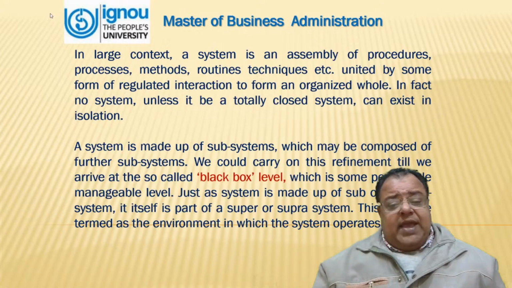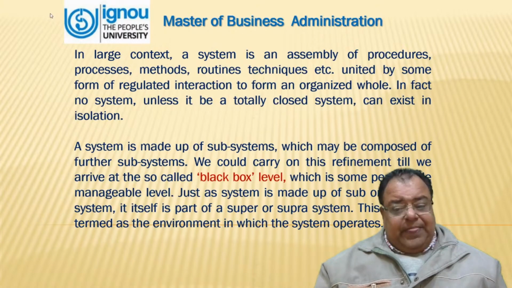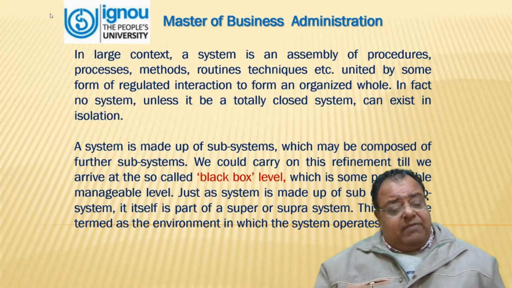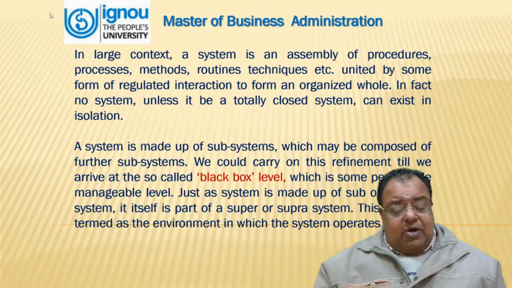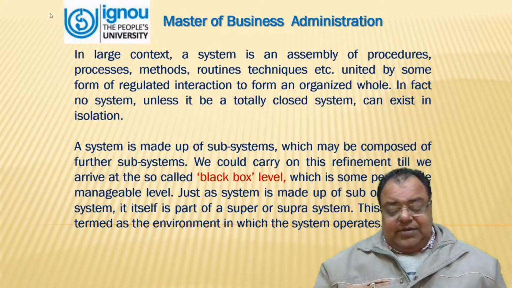We could carry on this refinement till we arrive at the so-called black box level, which is some perceptible, manageable level. Just as a system is made up of subsystems, it itself is part of a super or supra-system. This could be termed as the environment in which the system operates.